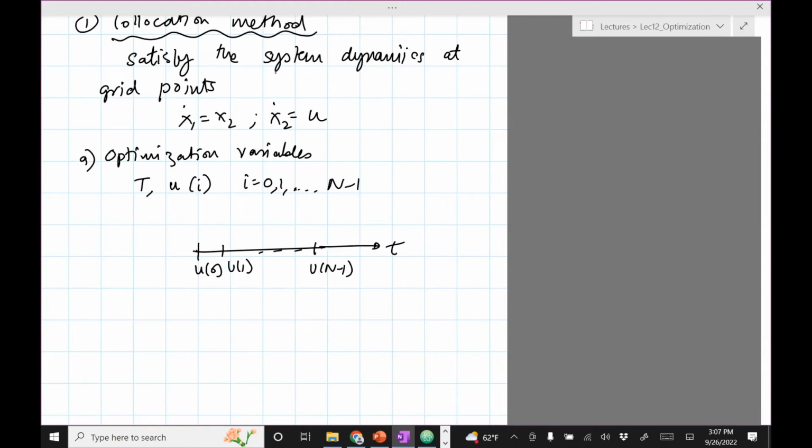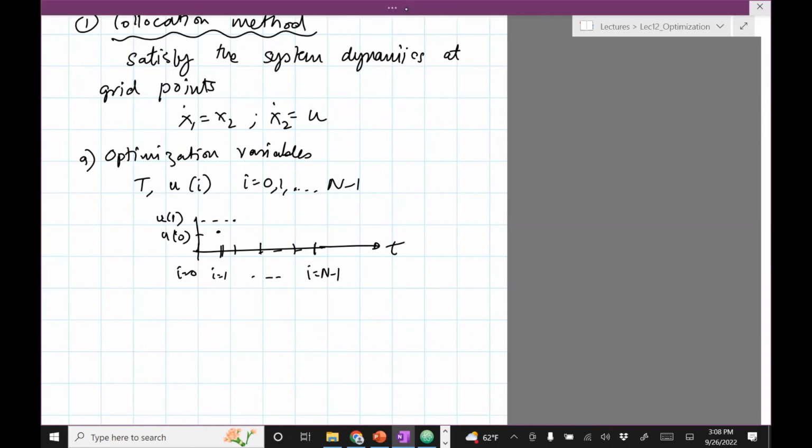So that's the time axis. The values are actually here: u0, u1, and so on.